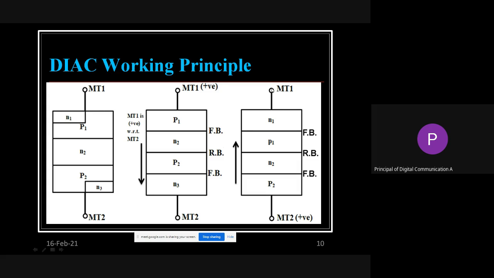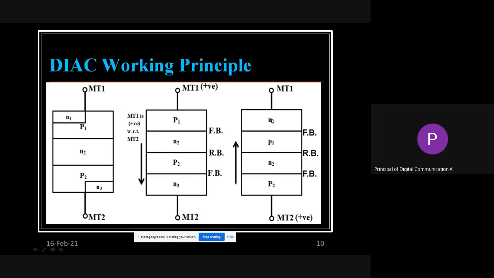The electrons come from this MT1 terminal into the N1 layer and try to flow in this direction, and the direction of current will be opposite, that is from positive to negative, as the arrow is shown in this diagram. So the current flows through P2, N2, P1 and N1.